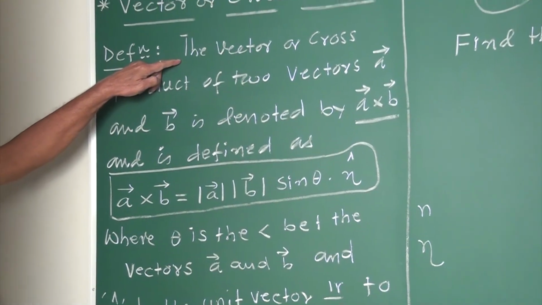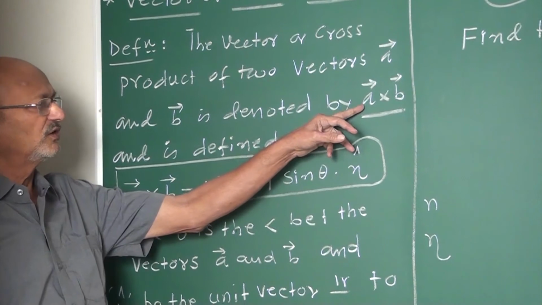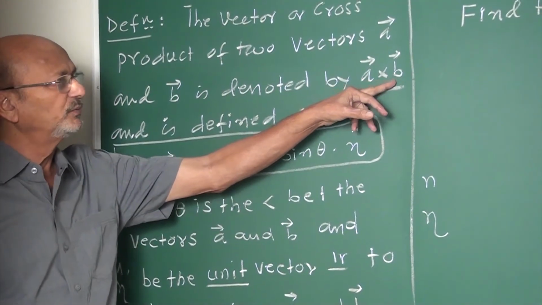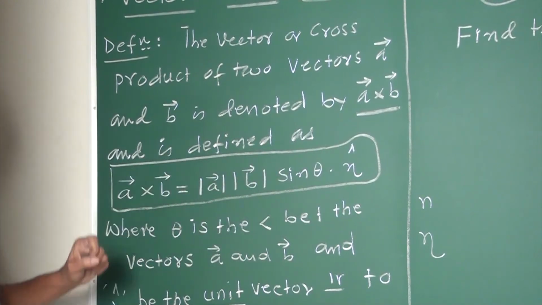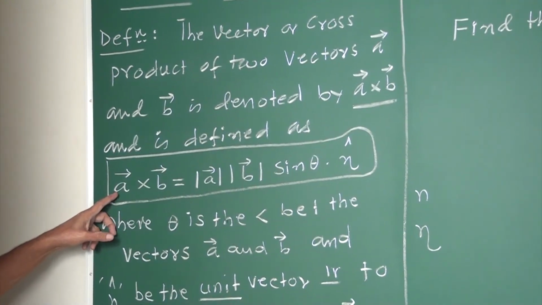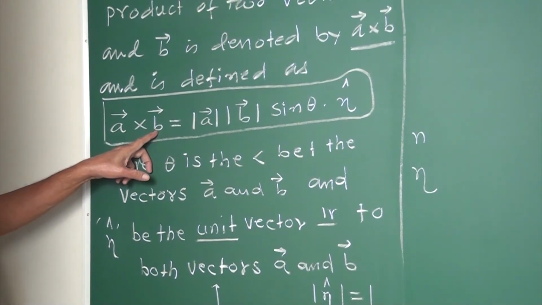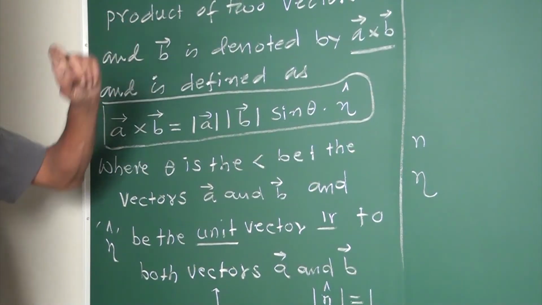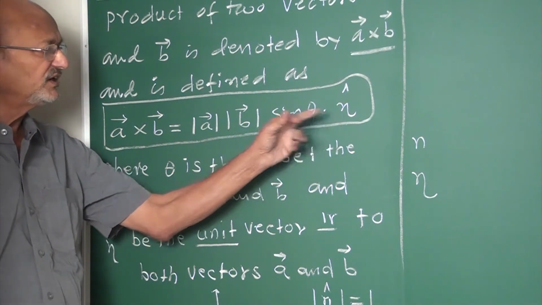The vector or cross product of two vectors A and B, it is a symbolic way of writing A cross B, and is defined as A cross B equal to the magnitude of the first into the magnitude of the second into, there it is cos, but here it is sine of the angle between A and B into eta cap.